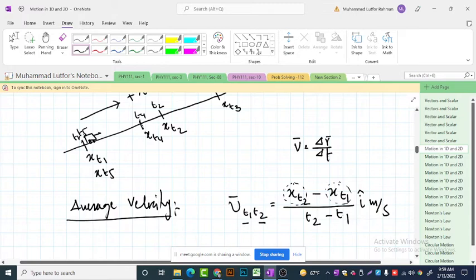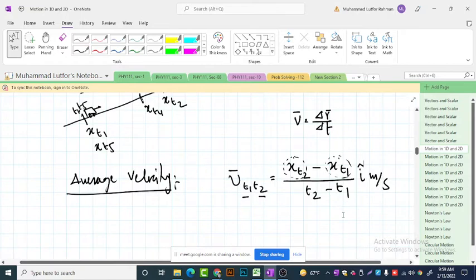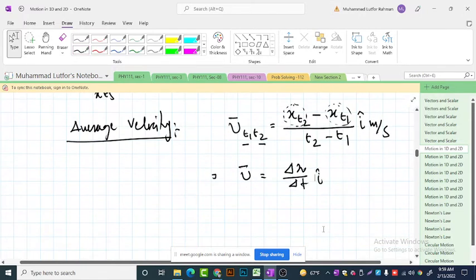Thus I find the average velocity, and we express this quantity, the average velocity v, as del x divided by del t i hat, and del x is the change. It's a very small change, so that's why we write del x over there.